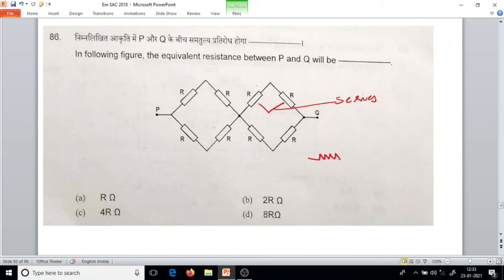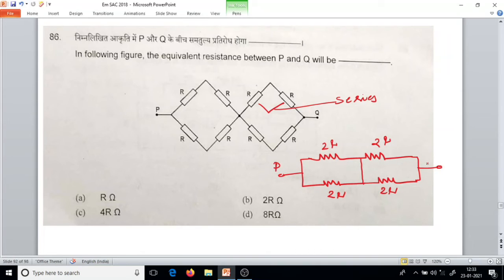So we have resistors connected like this. These two are shorted points. So this resistor is 2R, this also 2R, this is 2R, this also 2R.